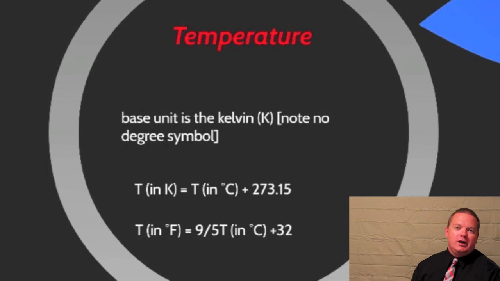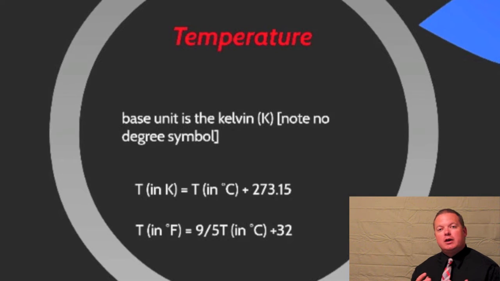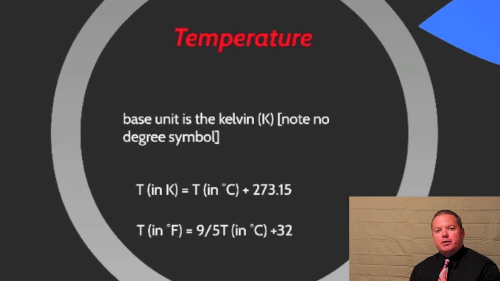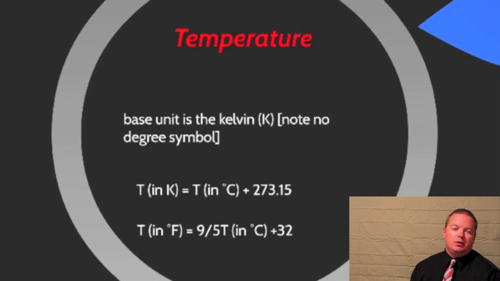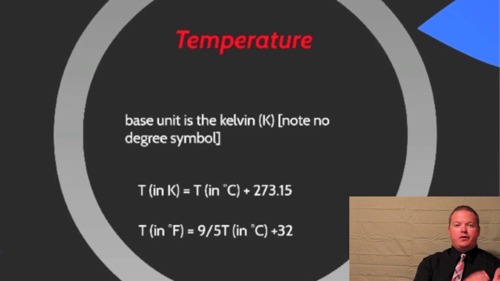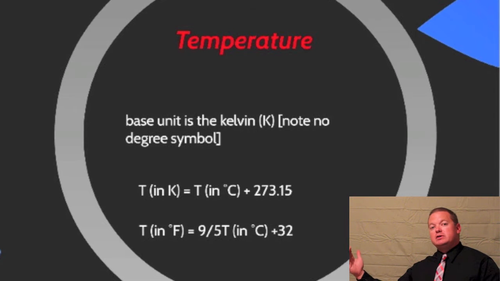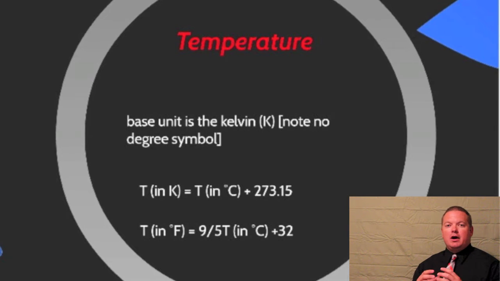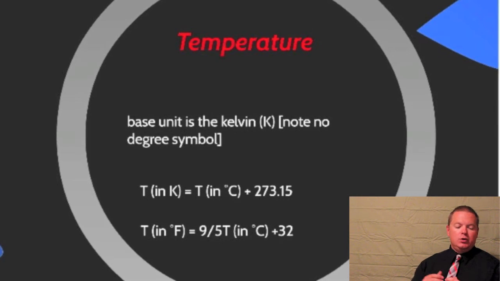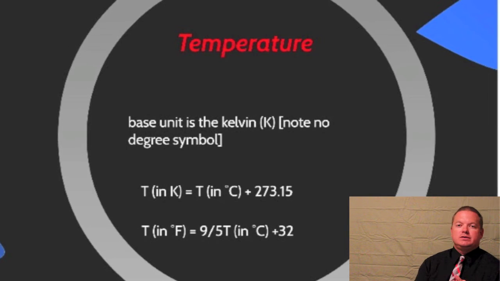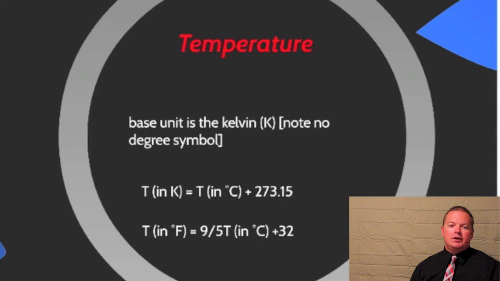The fourth unit is for temperature. The temperature here is in Kelvin, abbreviated capital K. Note that on capital K, Kelvin, there is no degree symbol as opposed to degrees Celsius or Fahrenheit. This is because Kelvin is an absolute scale. It goes from 0 to much larger numbers. And we can convert between the units we typically think of, the Celsius unit, to Kelvin by adding 273.15 to those Celsius units to get to Kelvin.